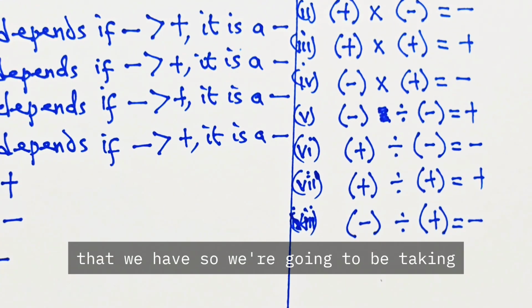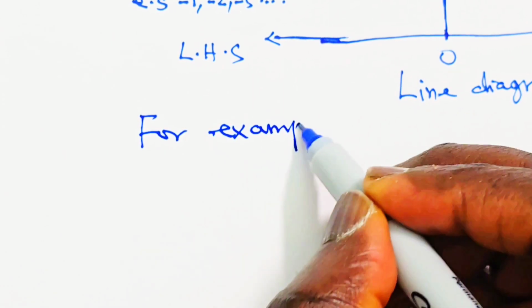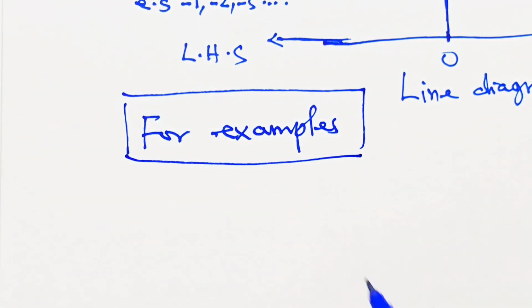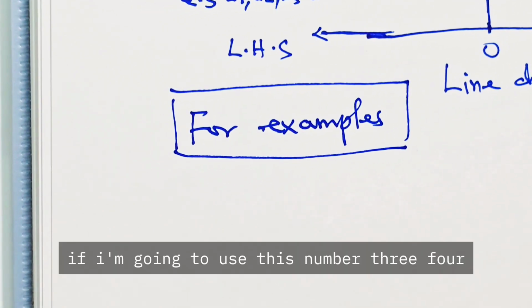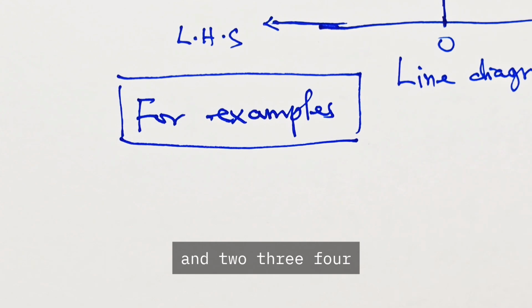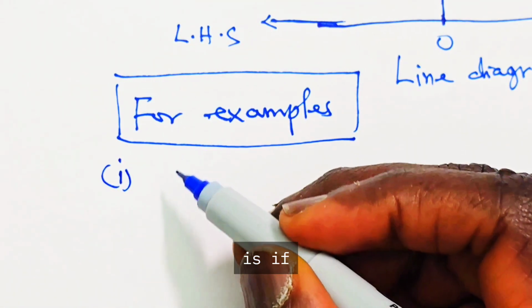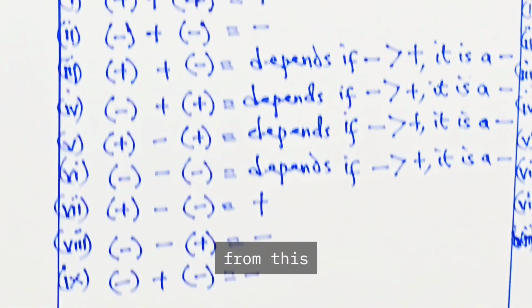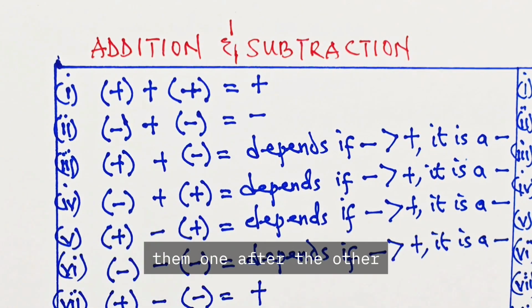We're going to be taking them one after the other for examples. Now, if I'm going to use the numbers 3, 4, and 2, I'm going to be picking them one after the other from what I wrote up here.